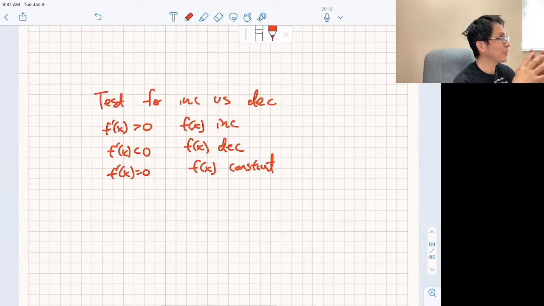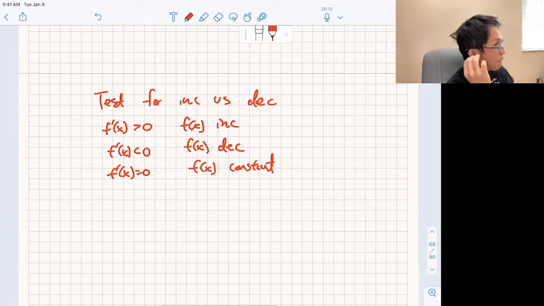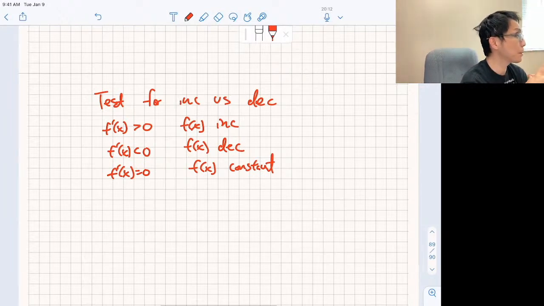No. From positive to negative, you are going so well, and then not just a critical number there. It's true, but it went from positive to negative means what? A minimum or a maximum. Well, which one would it be? Maximum.